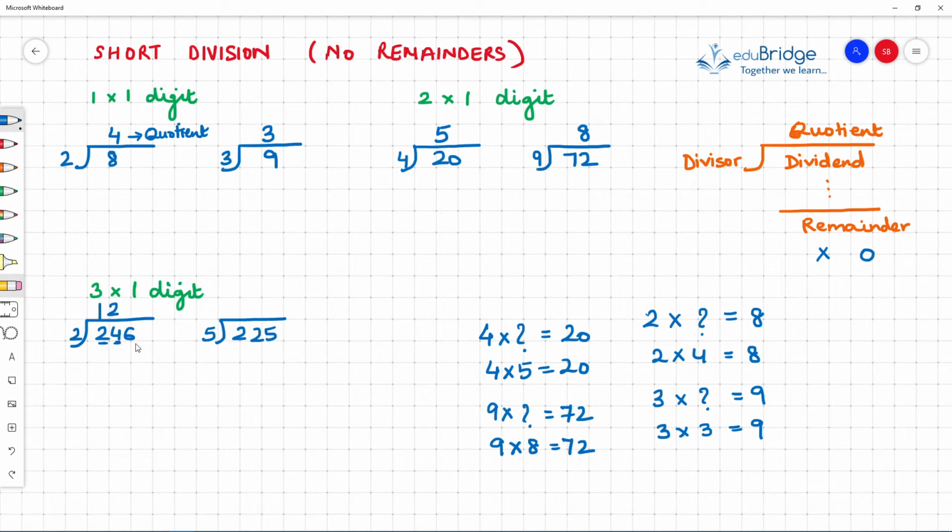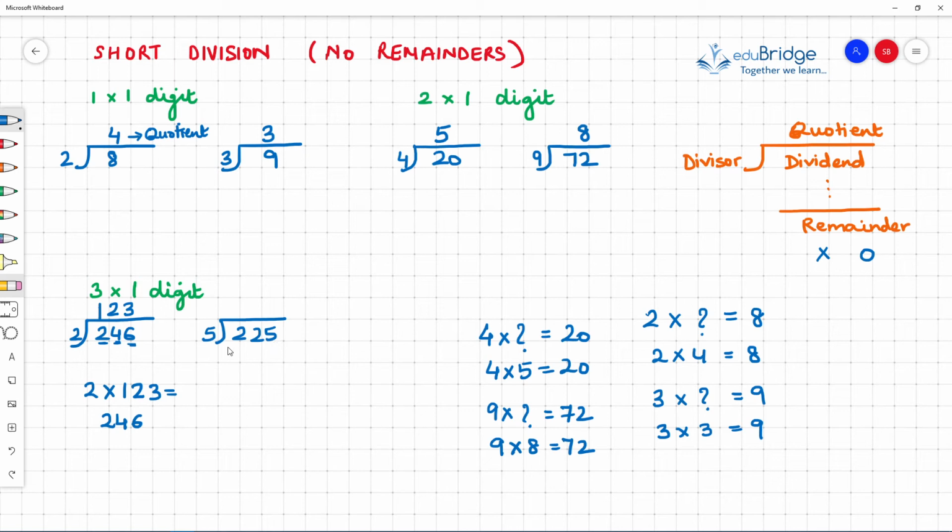Complete again. We pick the next number, 6. 2 times 3 is 6. So it means if you multiply 2 by 123, you will get the answer as 246.